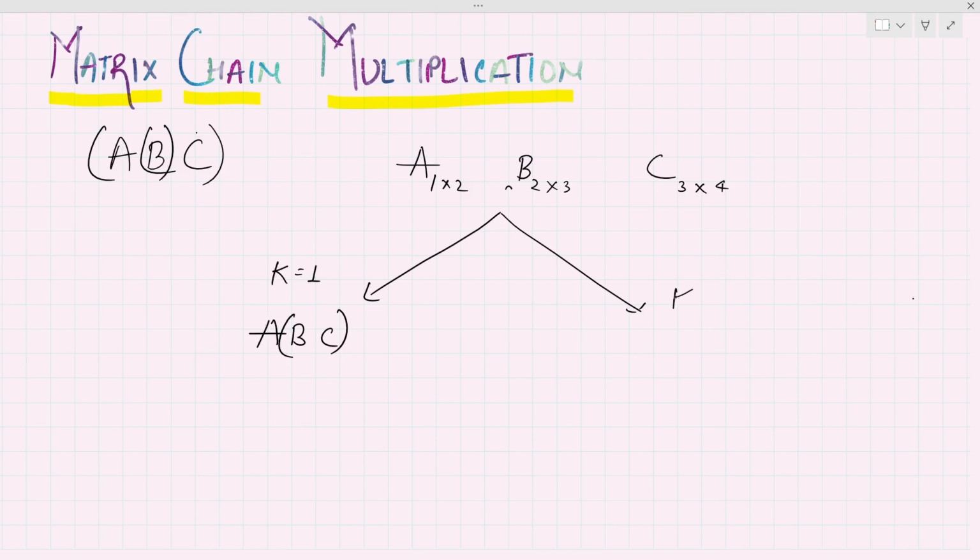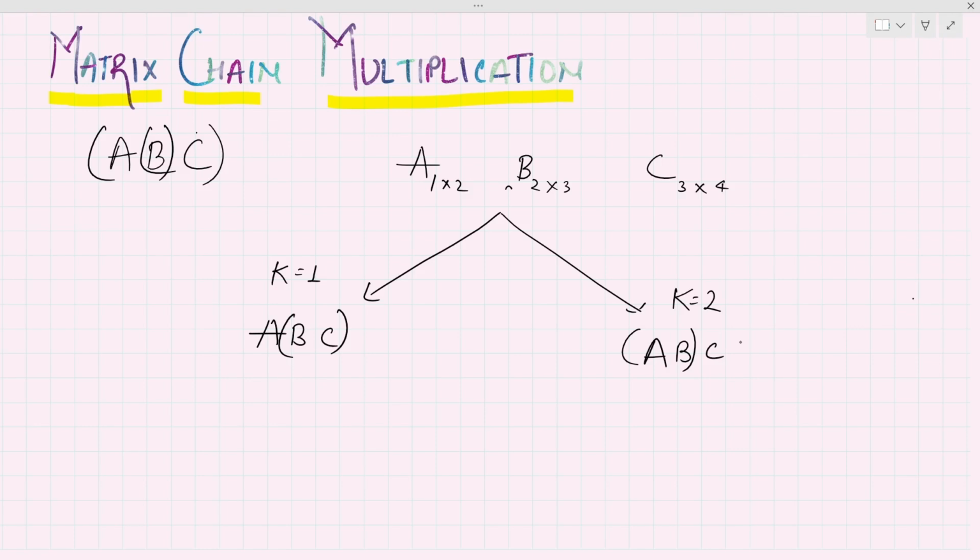Similarly, when k is equal to 2, increase the value of k and you will get all possible combinations. Here we have A, B, C, and k equal to 2 means we leave two matrices, A and B, solve them first, and then multiply the result by C. This is how we solve it.